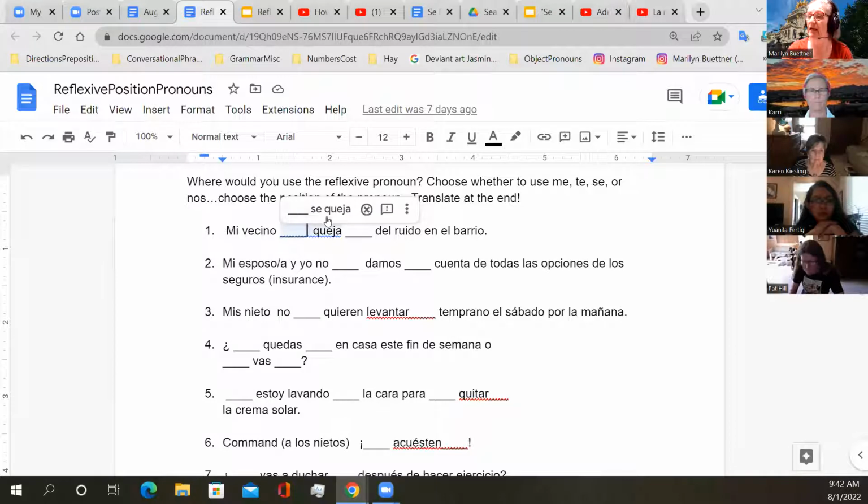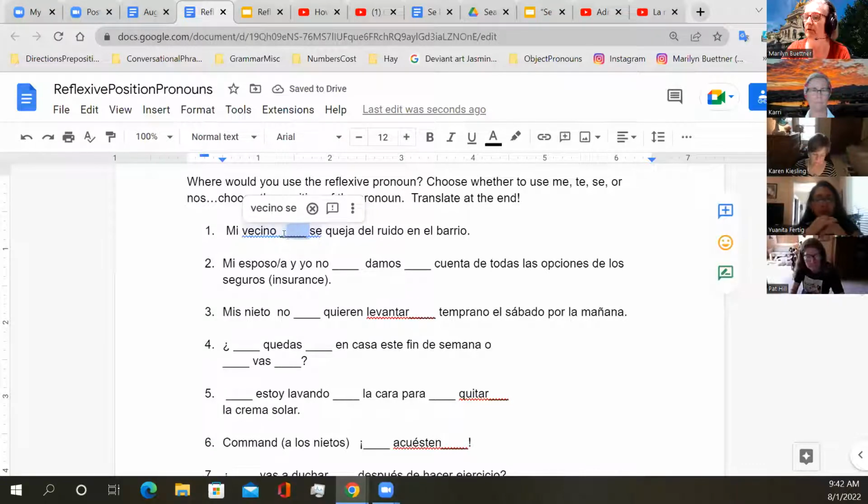Exacto. Se queja. Gotta be in front of the verb. I don't have a choice here. It's just a statement of fact, what he's actually doing. Mi vecino se queja. Bien.